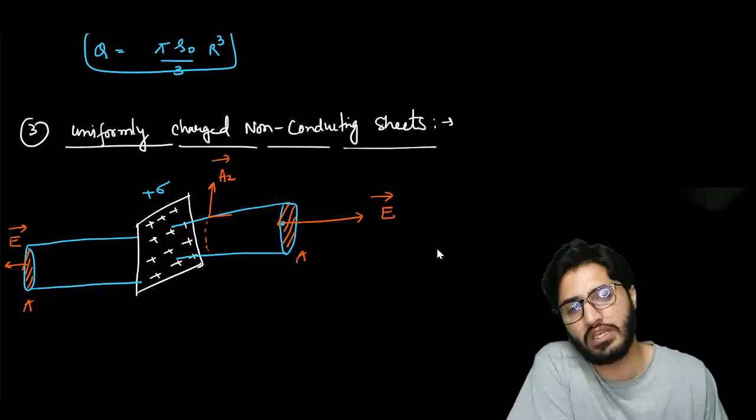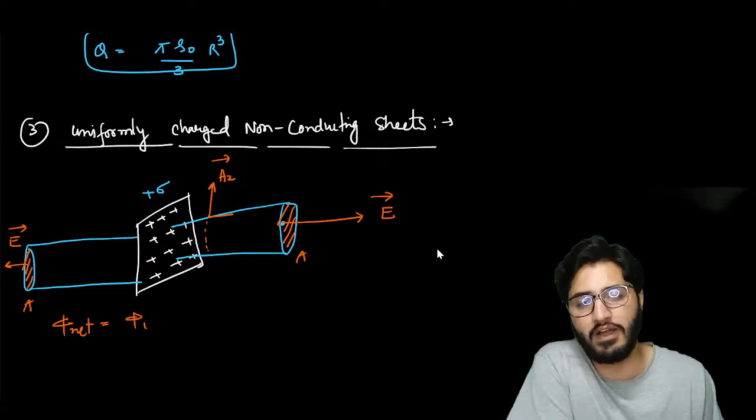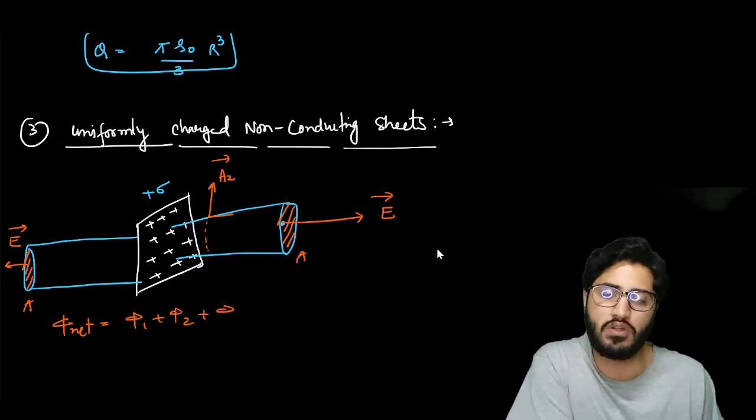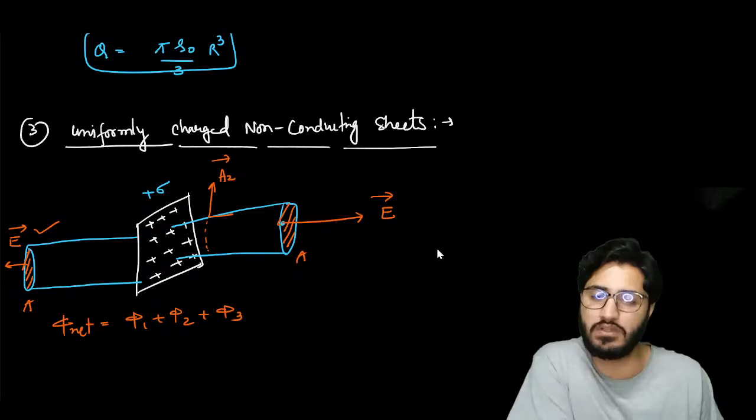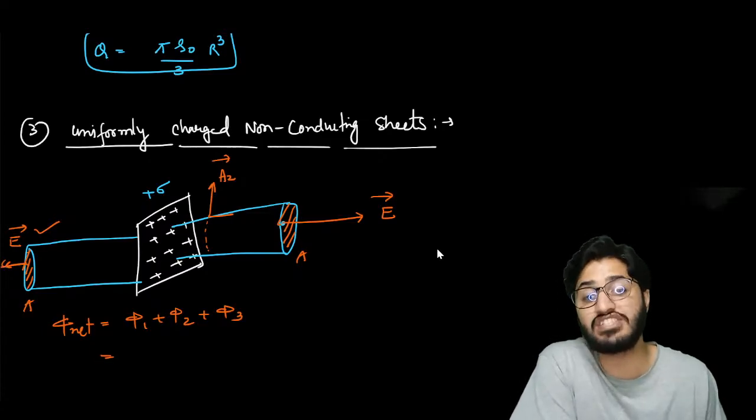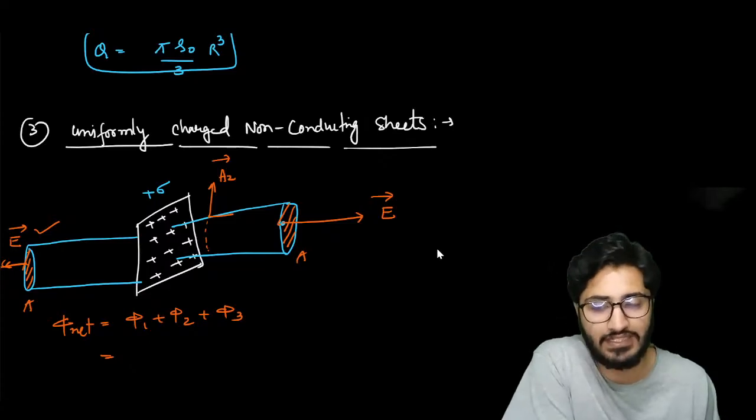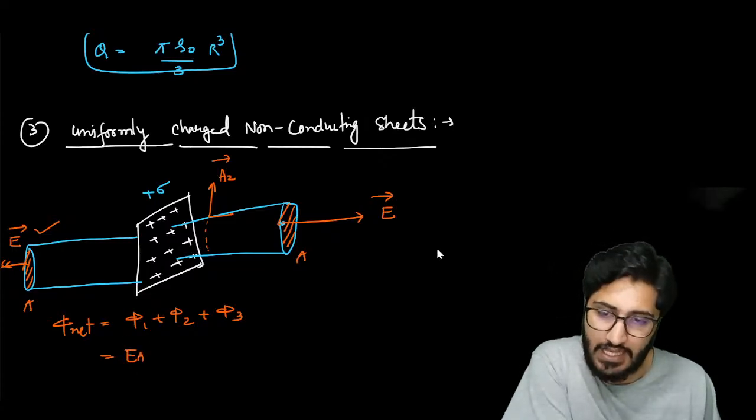Look here. So flux, what is phi net? Phi net will be equal to phi1 plus phi2 plus phi3. Phi1 is this one. Electric field and area are both in the same direction, so it is EA cos 0 degree.